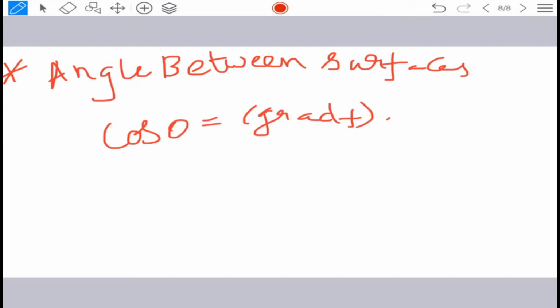Let us say the angle between the two surfaces f and g: grad f dot grad g, divided by magnitude of grad f times magnitude of grad g.